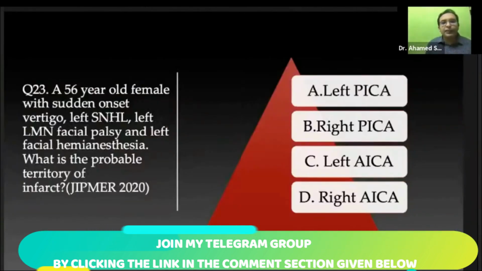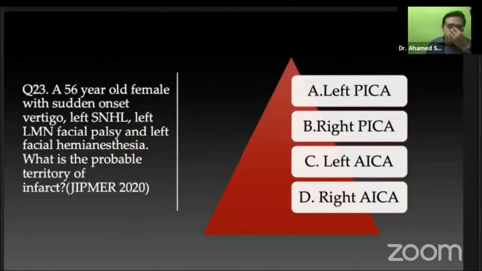One more question. We try to solve this question with the help of the rule of 4 by Gates. So in this question, if you see, the patient had sensory neural hearing loss, 8th nerve nucleus affection, facial palsy, 7th, bulbar and below affection, left facial hemisensory loss, hemianesthesia.